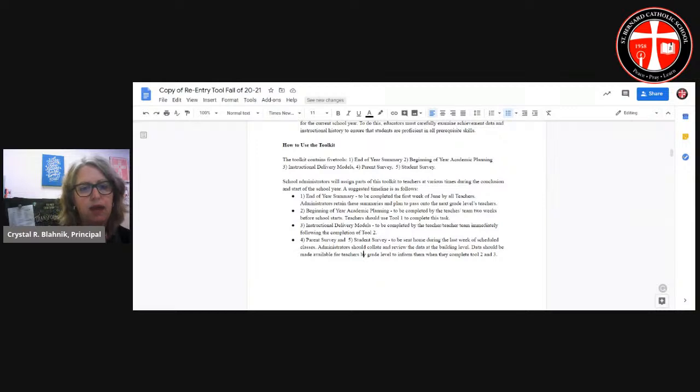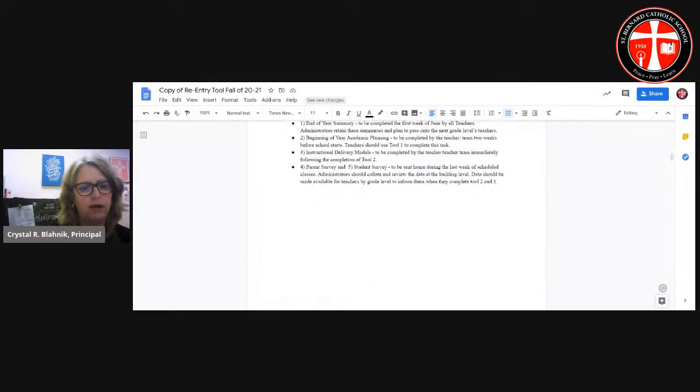So we're not going to do the end of the year summary under number 1, but we are going to use numbers 2 and 3, but not 4 and 5. 2 and 3 are going to be the basis for a conversation that you're going to have together as a unit. And if you want to divide up even more than that to specific classrooms and where it makes sense to have these conversations, you guys are welcome to do that.